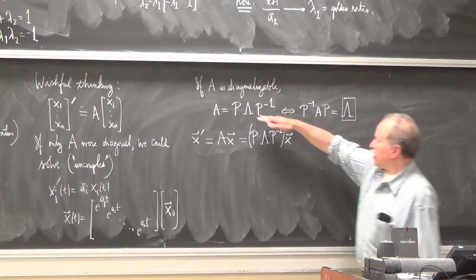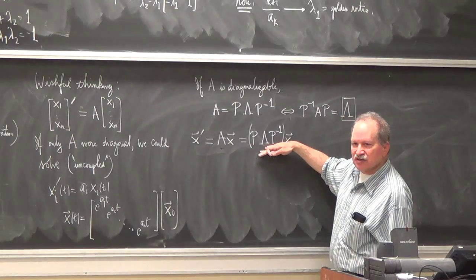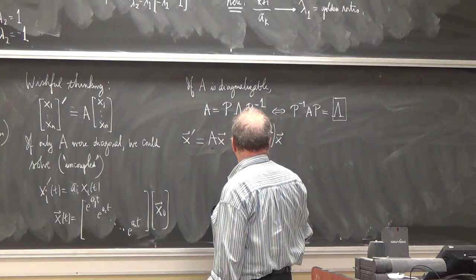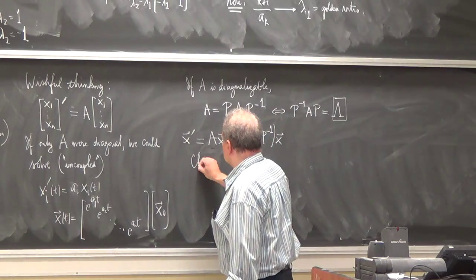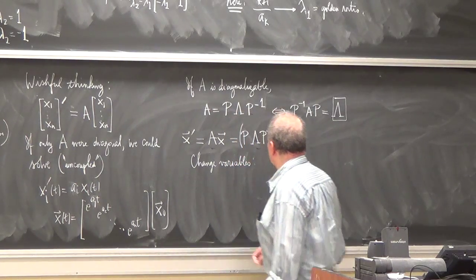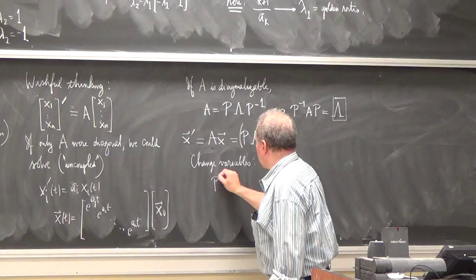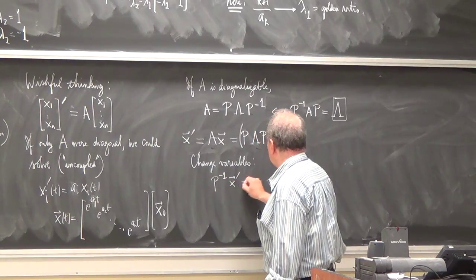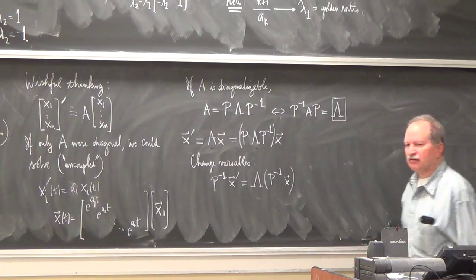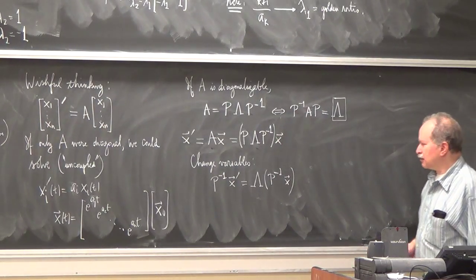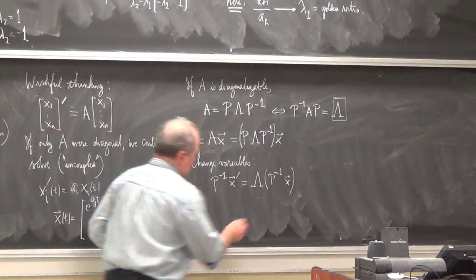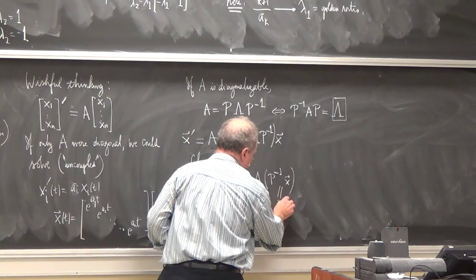If A is diagonalizable, you can write A as P lambda P inverse. Now if I change variables, I can multiply and get P inverse x prime equals lambda P inverse x. So I substitute y equals P inverse x.